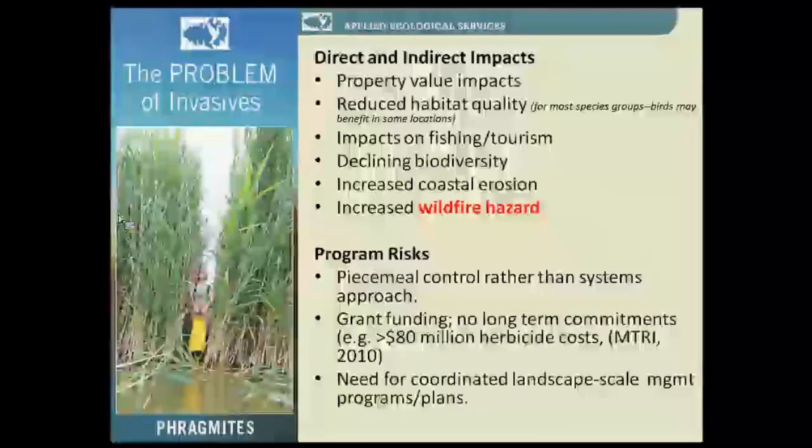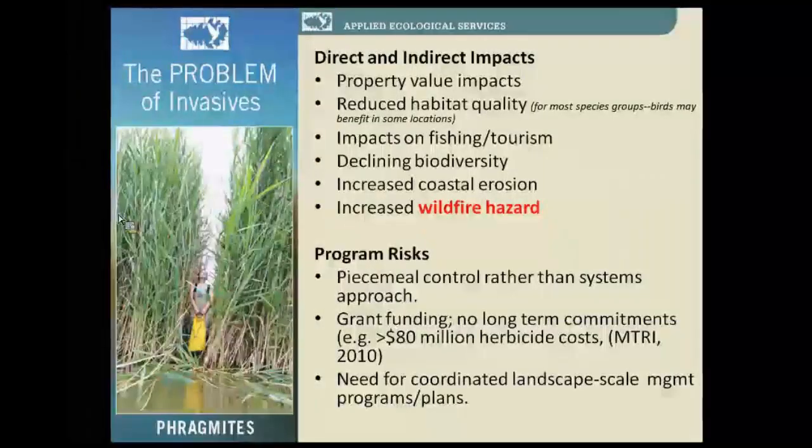We've learned that there's a series of problems with this plant that are serious challenges, some that we're only now beginning to appreciate. You'll see in red the wildfire hazard risk. This is a plant that's producing 30 to 60 tons of dry biomass per acre per year.